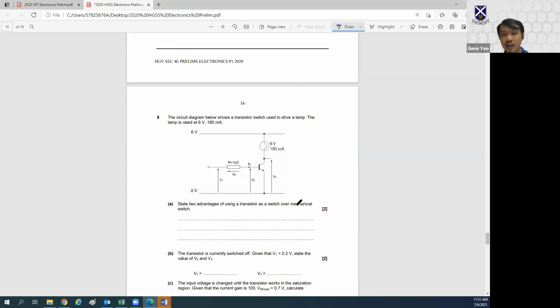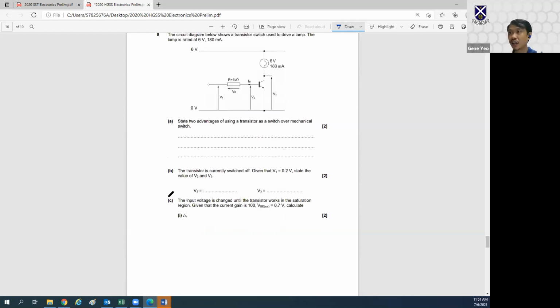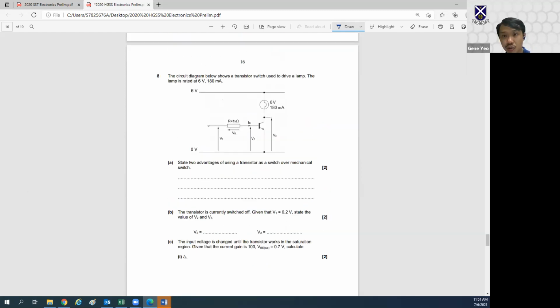Okay, question 8. Sorry, before I go into question 8, any problems, any issues for question 7? Take that as a no. No one's raising your hands. Okay, if there are no issues, let's go on to question 8. Okay, so who needs me to go through question 8?